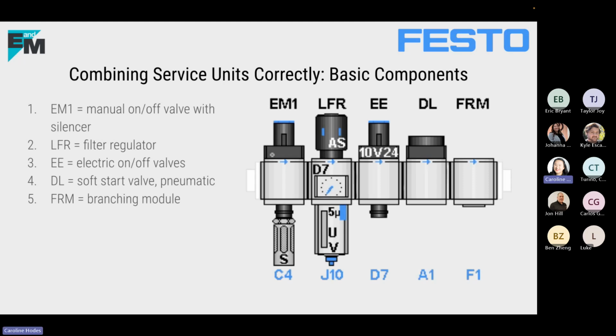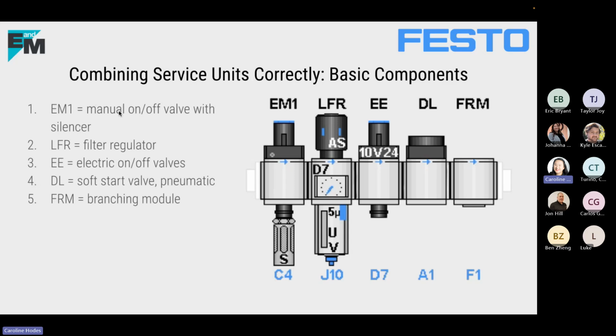So here's an example of a basic air prep unit with basic components on it. On the right, you can see a graphic of a Festo configuration, and on the left, I've labeled what these all mean.